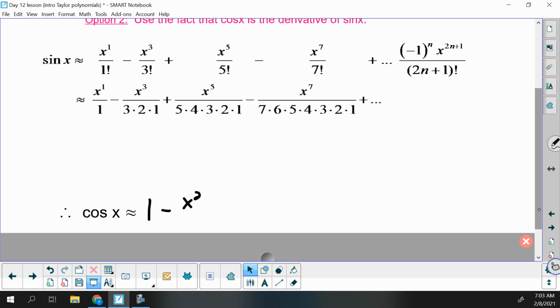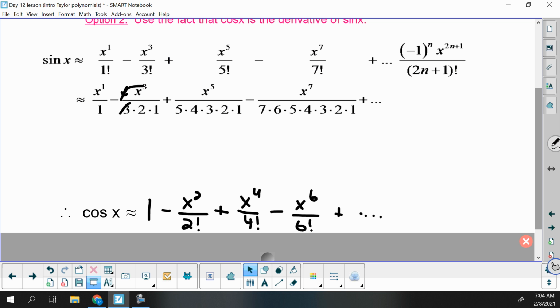In our second term, if we multiply the 3 out front, the 3's will wipe out, and we'll have minus x squared over 2 times 1, which is just 2 factorial. Plus, if the 5 multiplies out front, the 5's will wipe out, and we'll be left with x to the fourth over 4 factorial. Then we'll have minus x to the sixth over 6 factorial. Plus dot, dot, dot. Let's think about our nth term.